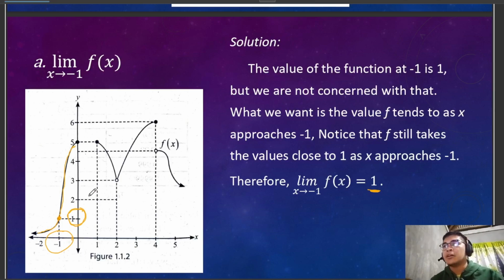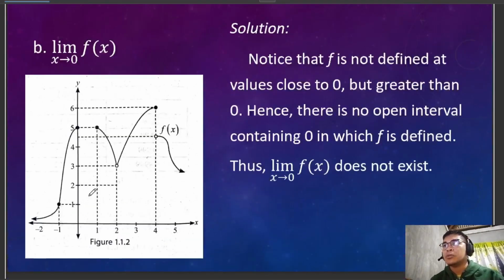Okay? How about number 2? Number 2, the limit of f of x as x approaches 0. Here is 0 on the x-axis. What did you observe in the graph? Compared to the earlier one, which was continuous, here it is different.